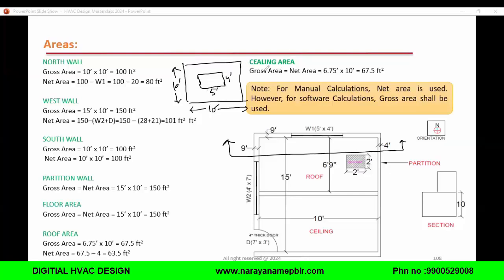Clear? This is one section I did. If you stand here and look this side, you'll see this. Is it clear? Yes. Ashish, Vivek, Mahesh. Yes, it's clear.